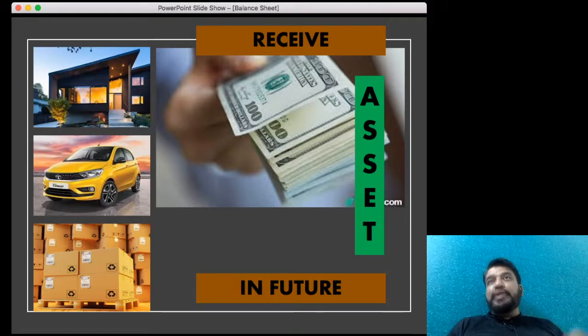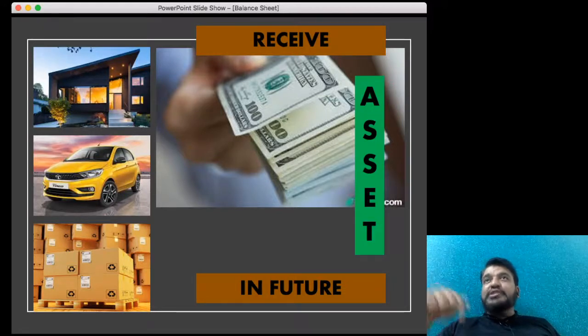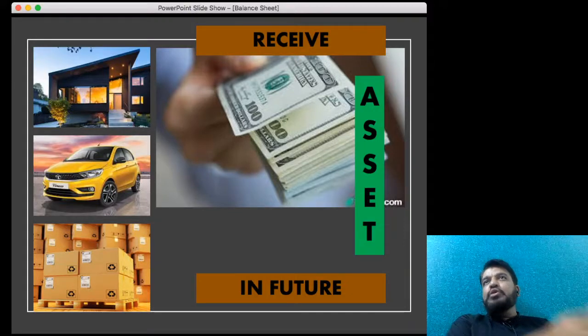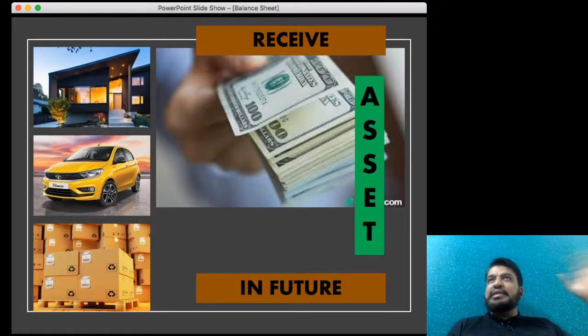You have to own it. Your neighbors may have got a property, but that's not an asset for you. So you must own it, and it is something for which you can get money. Either it is readily available in cash form or it is in the form of a building, motor car, or any other form. Goodwill is also an asset. Copyright is also an asset. So assets are also tangible and intangible. That we can look at a later point of time.